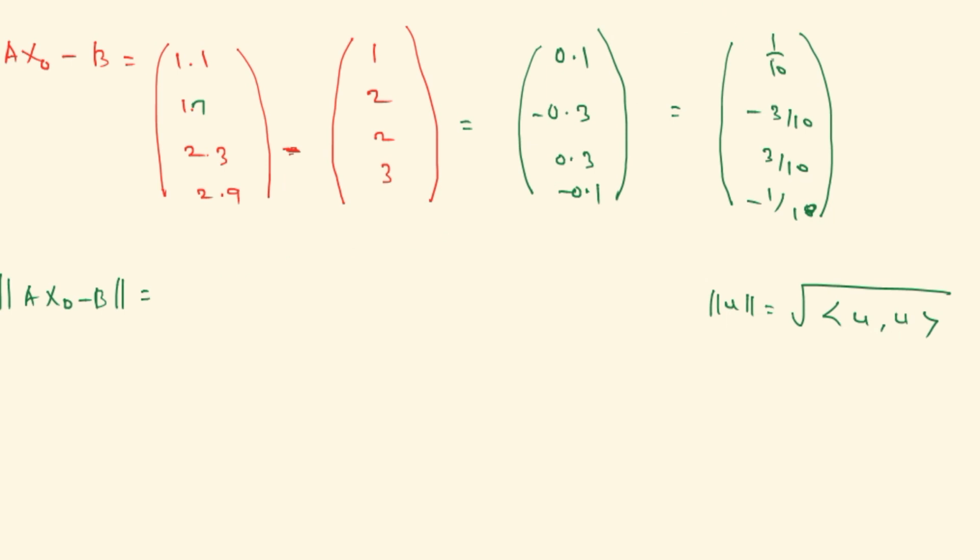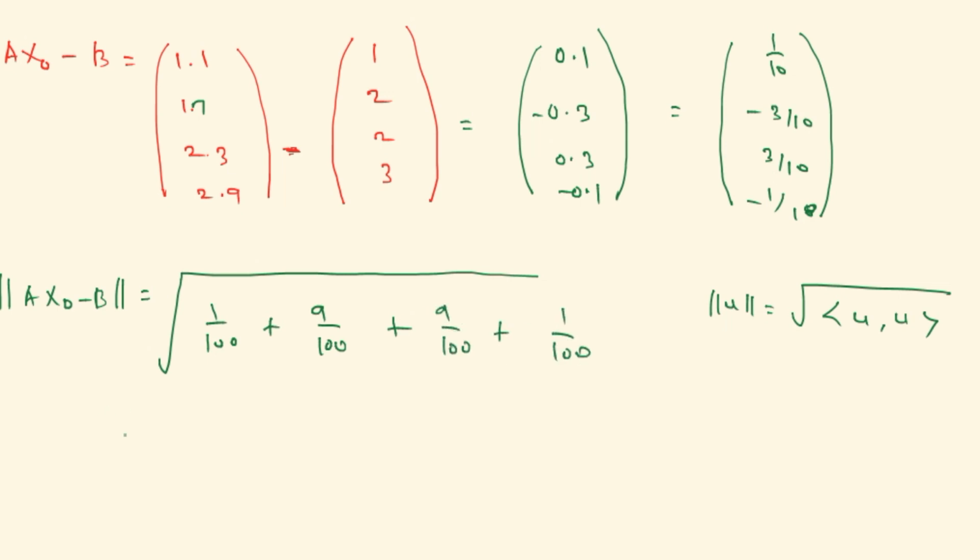See the vectors: here both vectors are the same u. So the root of 1 by 10 into 1 by 10, 1 by 100, plus minus 3 by 10 into minus 3 by 10, 9 by 100, 3 by 10 into 3 by 10, 9 by 100, plus 1 by 100.